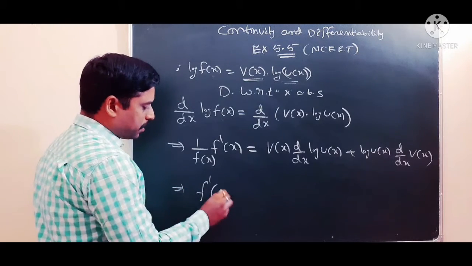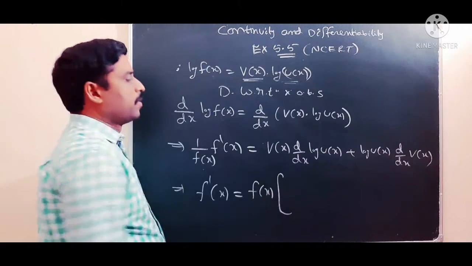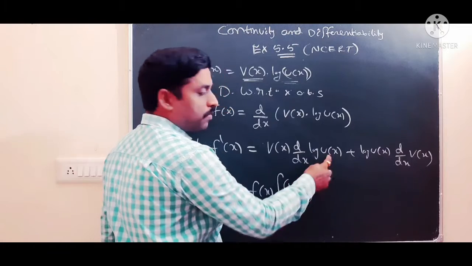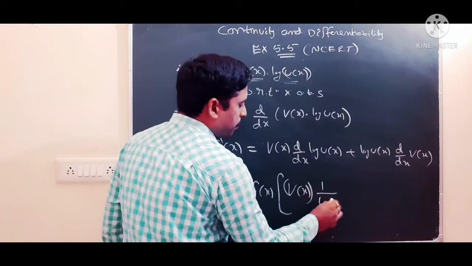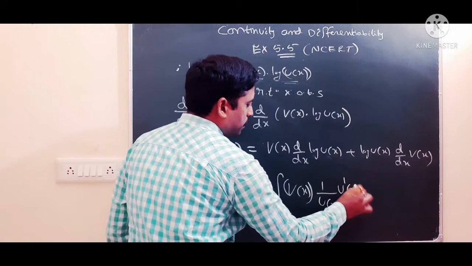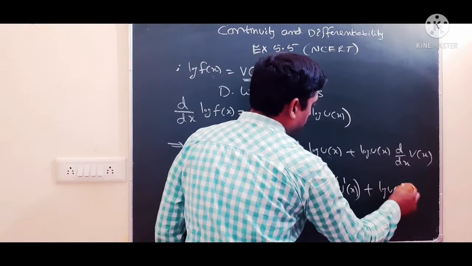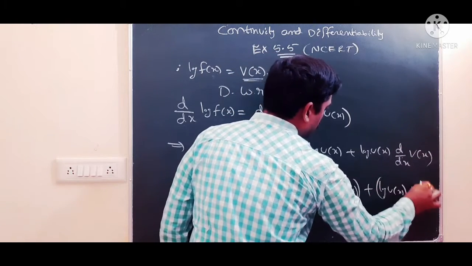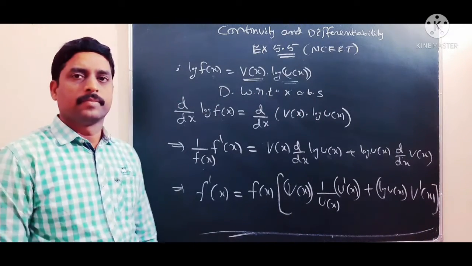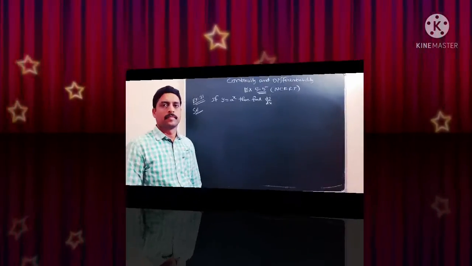Let us do cross product. f dash x is equal to f of x times v of x into 1 by u of x into u dash x, plus log of u of x into v dash x. This is the process of logarithmic differentiation.